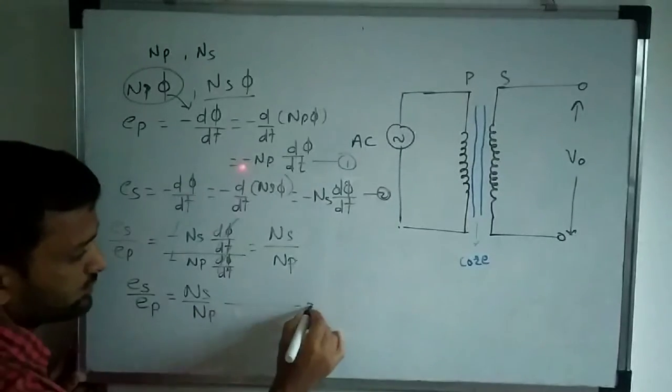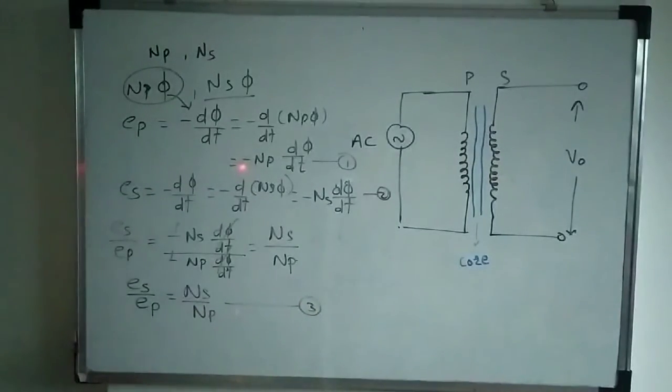This is also one of the important equations for the transformer. What is equation 3? It is ES by EP is equal to NS by NP. This equation is called the equation of transformer.